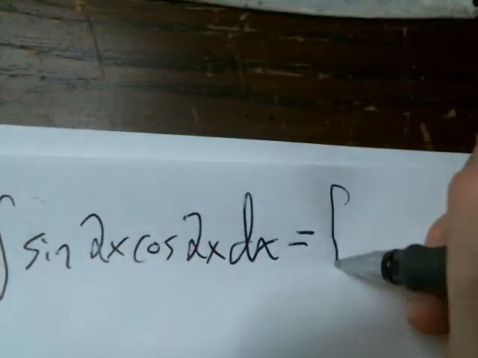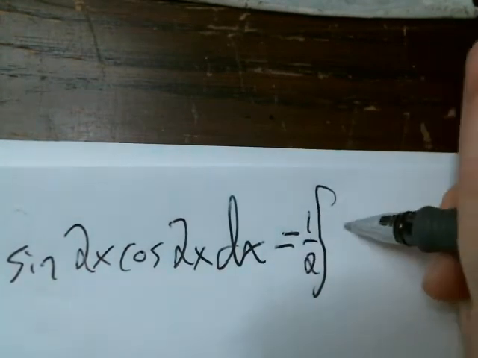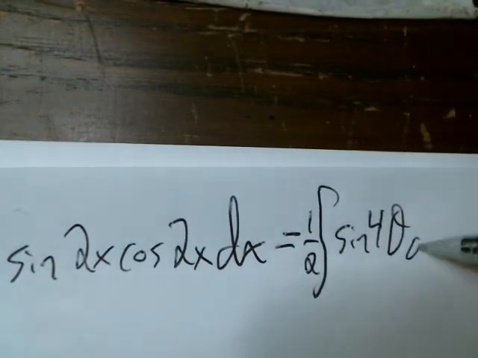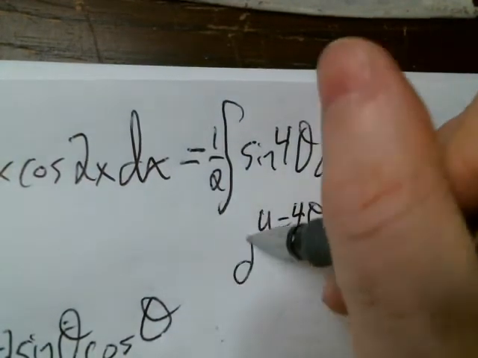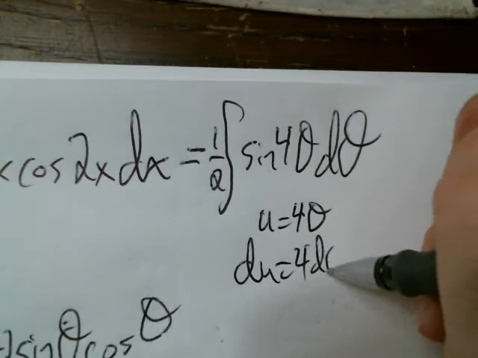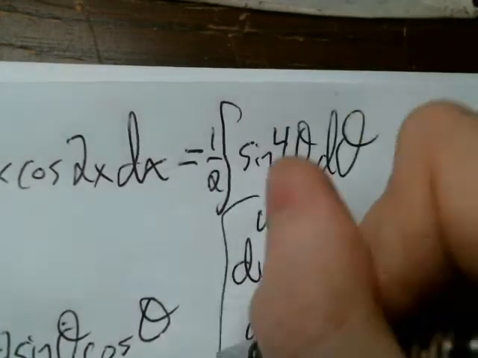Okay, let's just use a trig identity and rewrite this as 1/2 sine 4 theta d theta, and then we could do a u sub on 4 theta. So du will be 4 d theta, and then d theta is du over 4. Right?